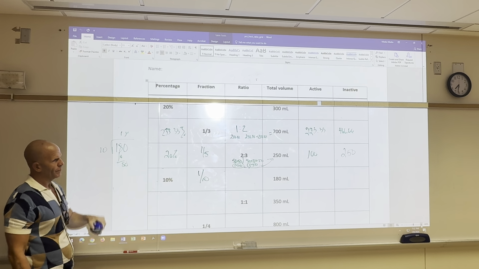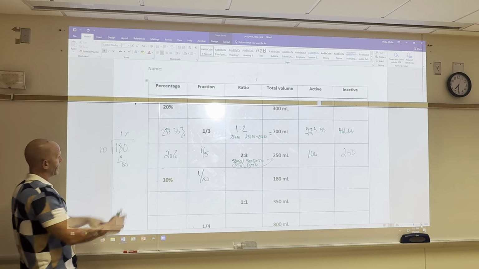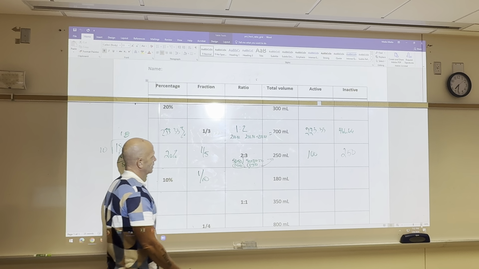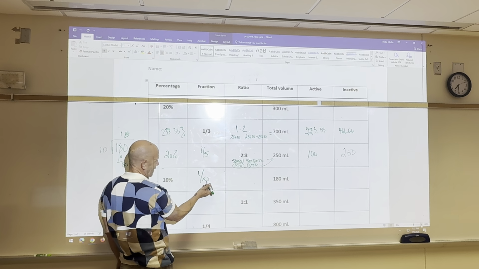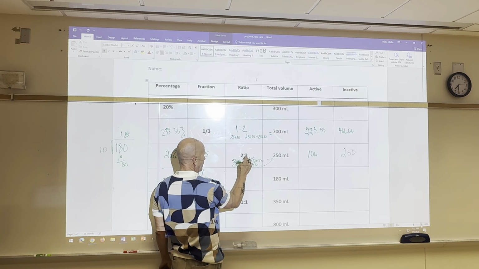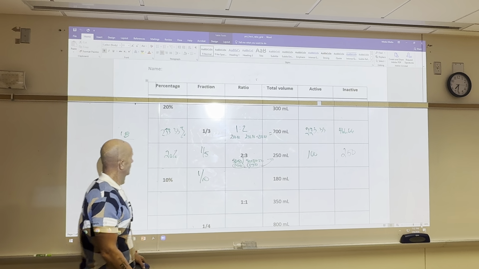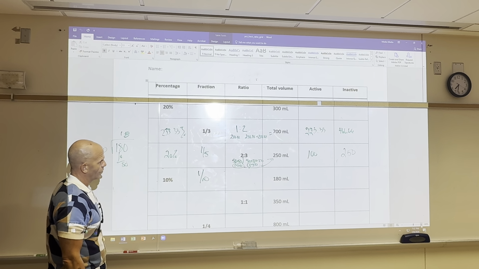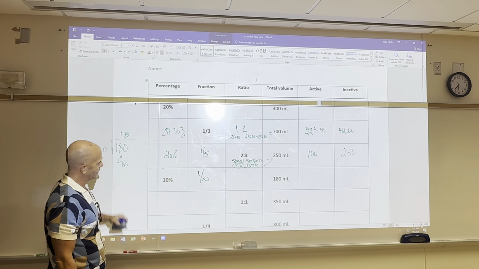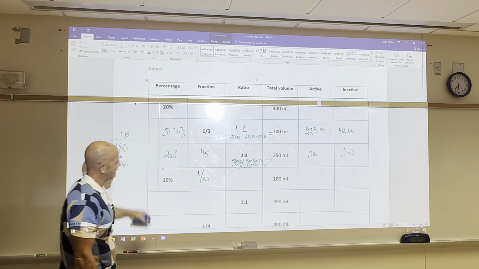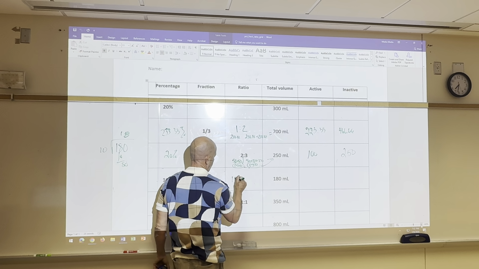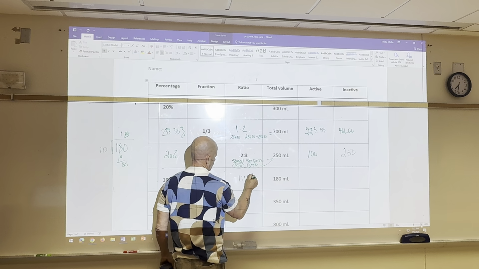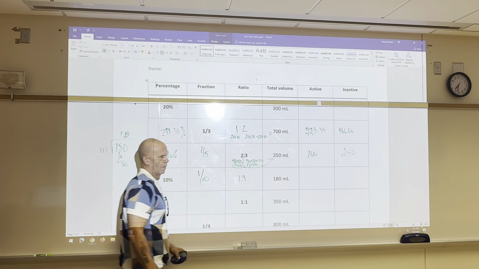So how much is it? How many times does 10 go into 180? 18. So what do you think our percentage is? If this is 10, we got to make a ratio to equal 10. But we know 10% of that is 18. So, if you got 18, it's a 1 to 9 ratio.